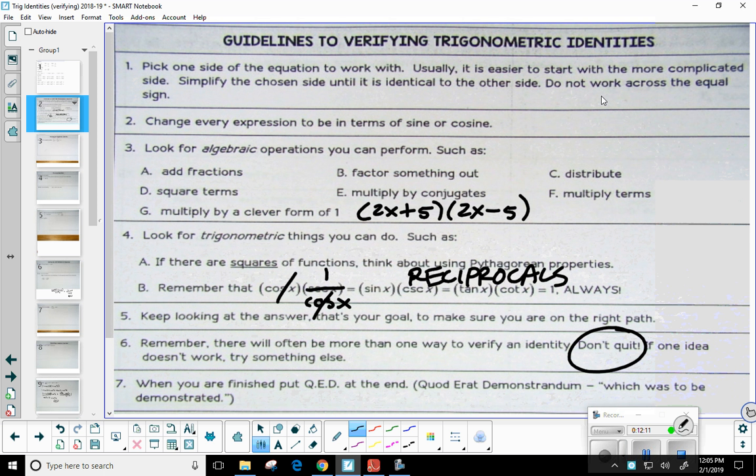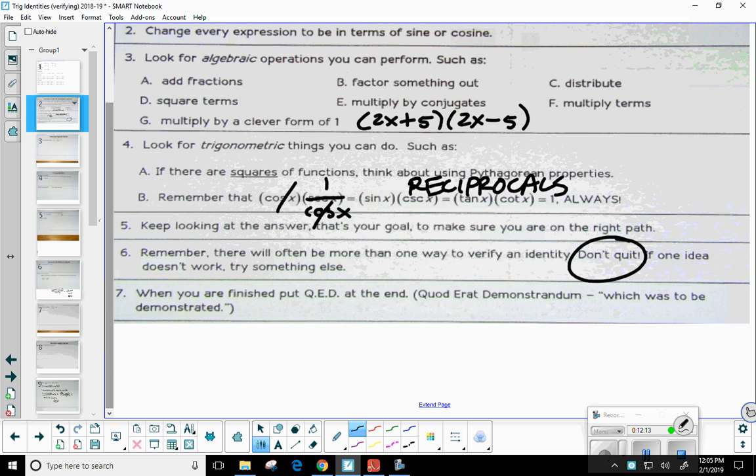And when you're finished, put QED at the end of it. Quod erat demonstrandum, which was to be demonstrated. But when I was in college and I was working through my proof courses, when we put QED at the end, that just read "quite enough done."